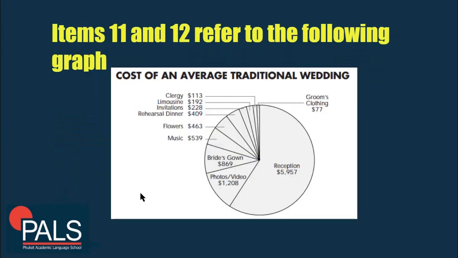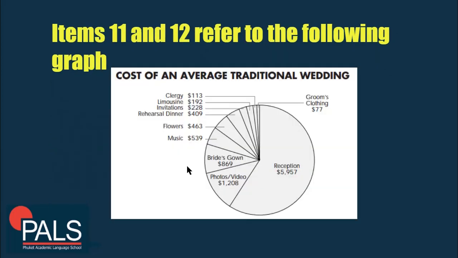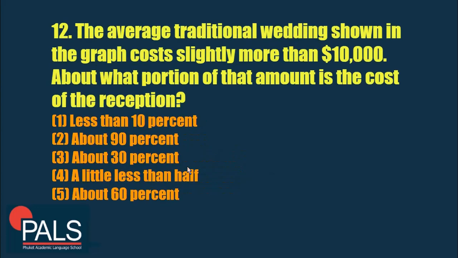Even without using your calculator, I'm pretty sure if it's 10,000, that's 5.9, that's about 60%, right? Even without the calculator, guys. But for your reference, how do you get the percent? Of course, you divide 5,957 by 10,000, and then you multiply it by 100, and that's how you will get the percent.